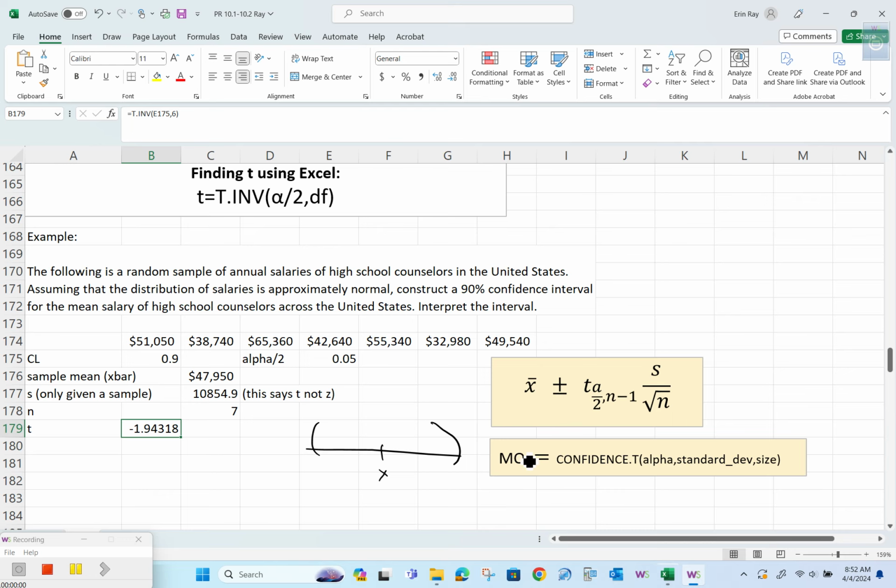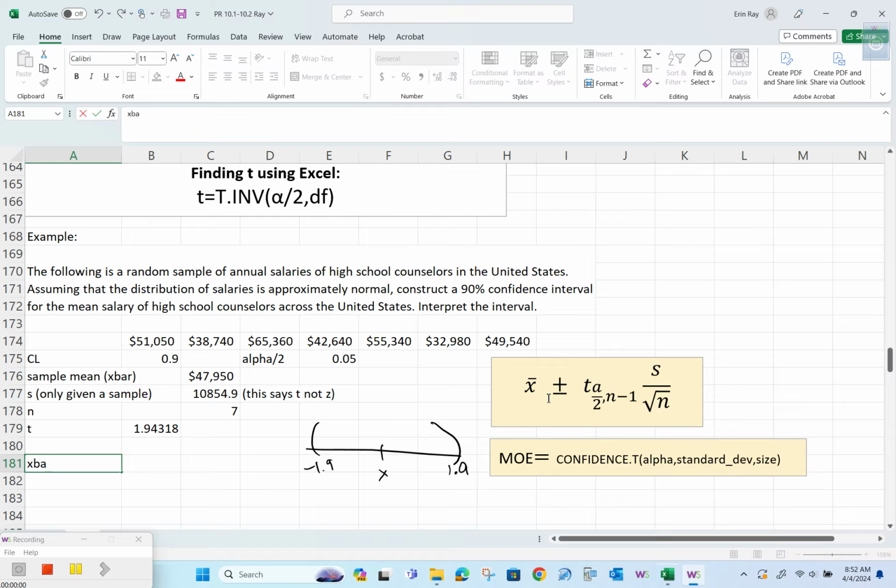So this is a t of negative 1.9, and this is a t of positive 1.9, and Hawks is going to want the positive one for your math. Okay, for me, the thing I'm going to grade is the interval, which is calculated by the margin of error and the mean. So let's go to that.